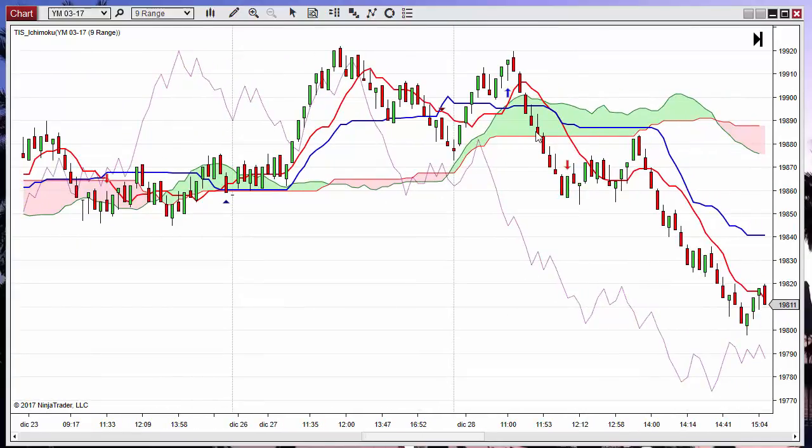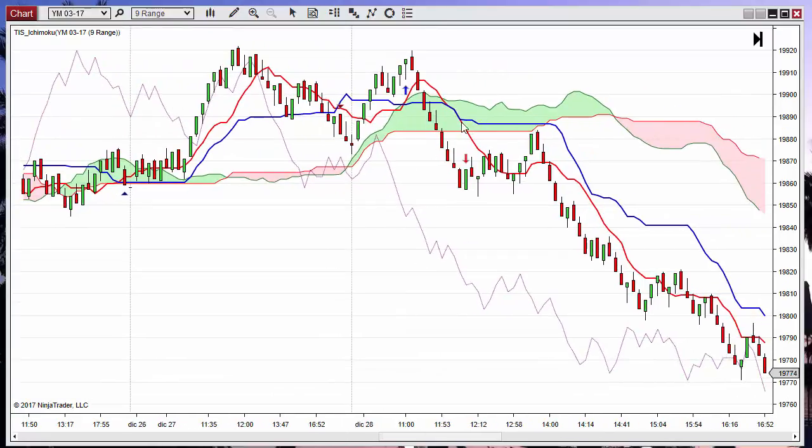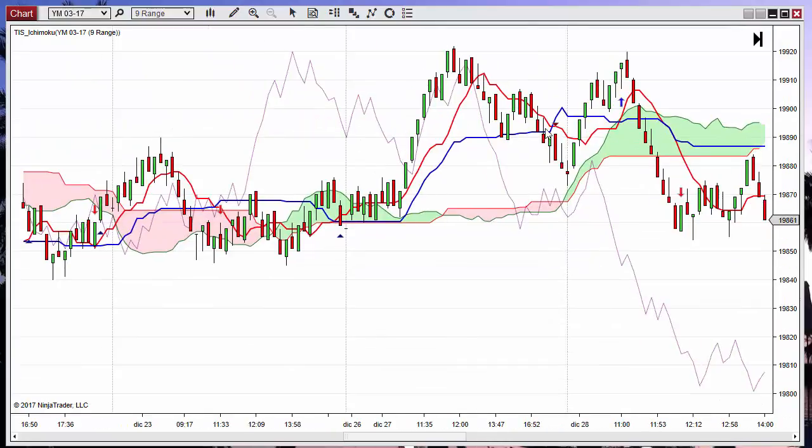This is a short trade with the cloud as support, and usually we place the stop on the other side of the support. We can see that in this example we even get a retest of the cloud to finally have a good profit.